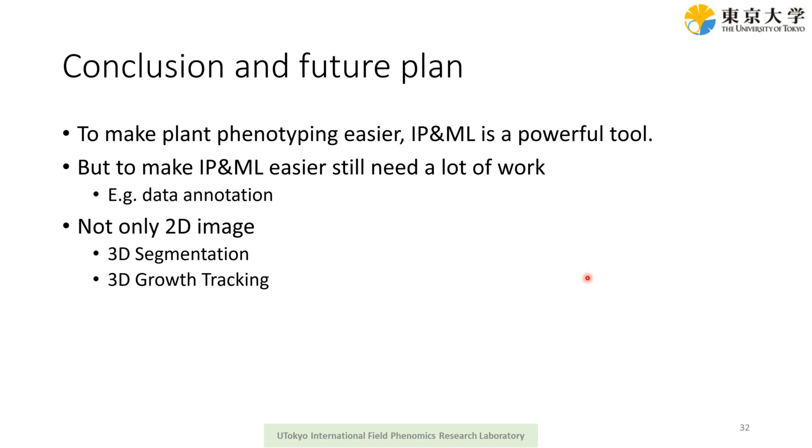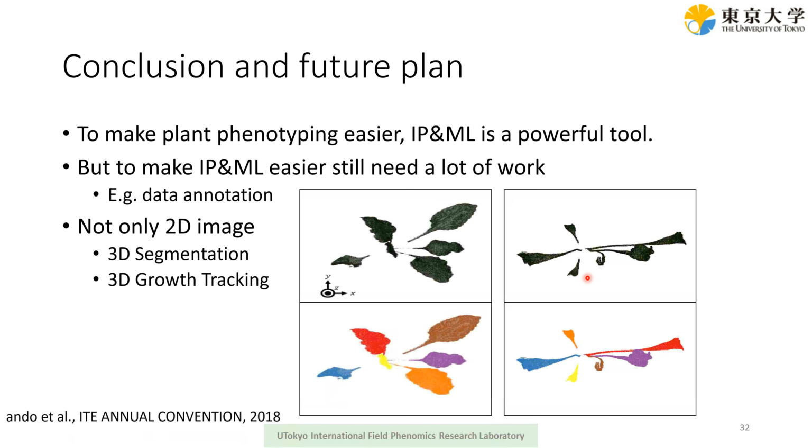And also, we are not just focusing on 2D images, we would also like to start analyzing three-dimensional images soon. Here is a small example that we did last year. We did 3D segmentation based on the point cloud that is collected by the plant eye, which is a LiDAR scanner.